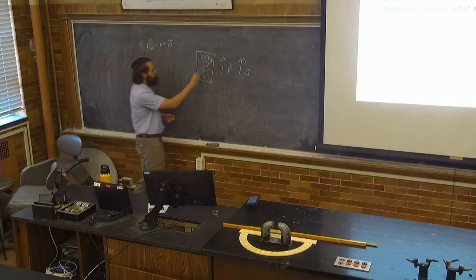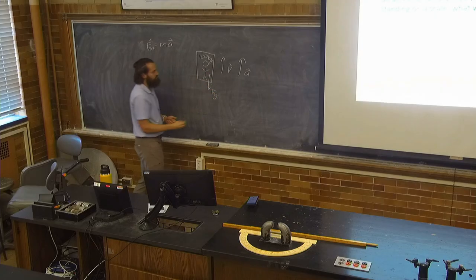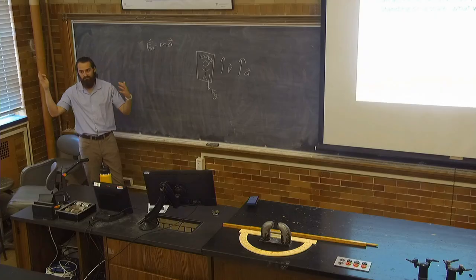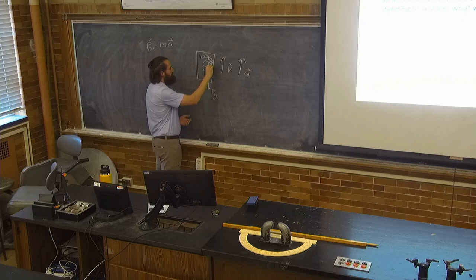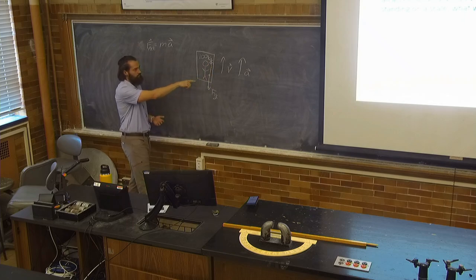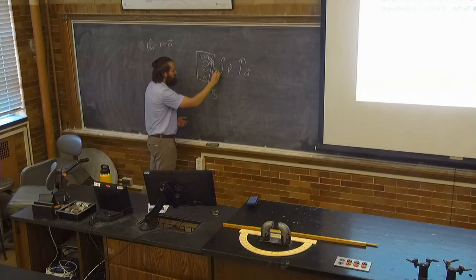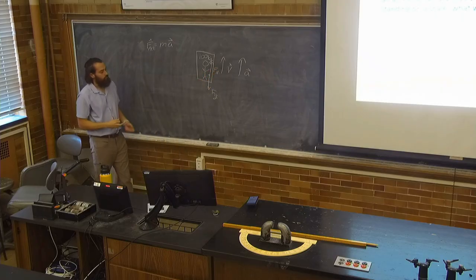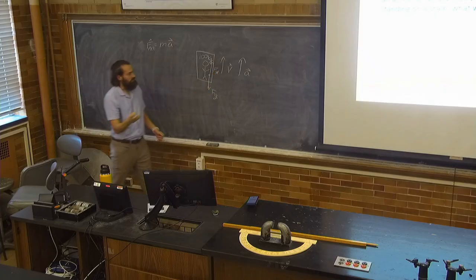So this person has a gravitational force pulling down on them because they're in the vicinity of the Earth, and then they're standing on a scale or the bottom of the elevator, so they have some normal force that's pointing upwards. Or we can call it the weight, since we're talking about weight in this problem.